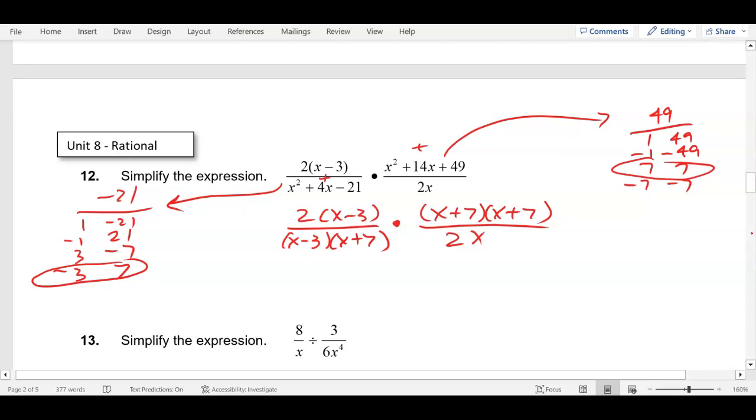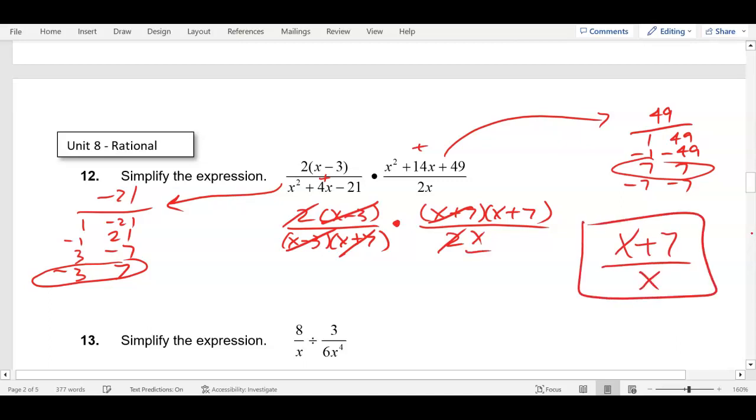So on the top, I have x minus 3 with the bottom x minus 3. On top, I have a 2, and the bottom has a 2. There's an x plus 7 and an x plus 7. So what is left? Well, on top, there's x plus 7. And on the bottom, it's hard to see, but there's just an x here. That's it.